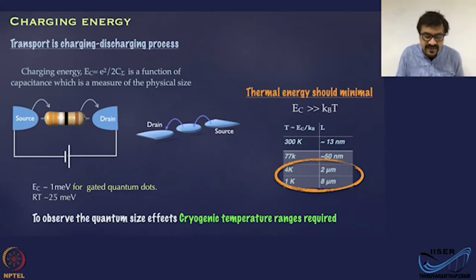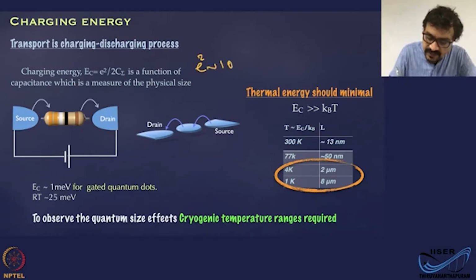Now, in this case, to add an electron, or charge or discharge, this is the energy that you have to exert. And you can work out this number. e squared is of the order of 10 to the power minus 38, and C sigma is 10 to the power minus 9.